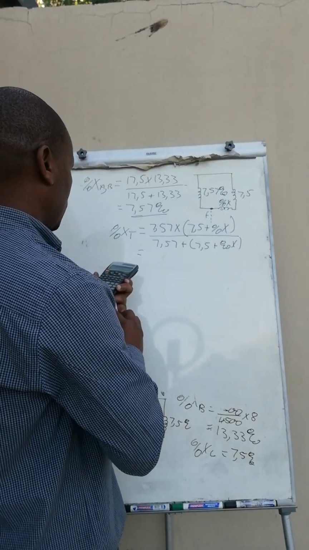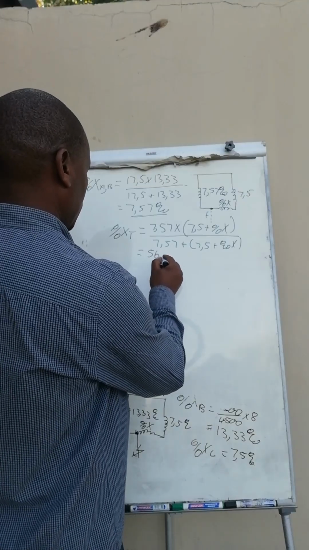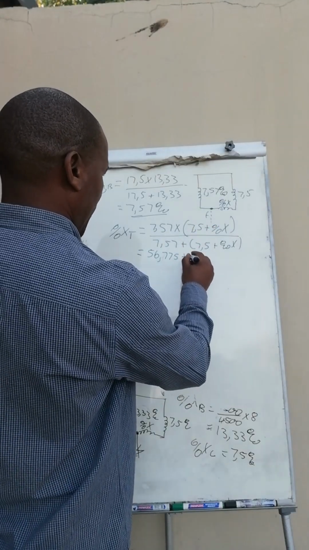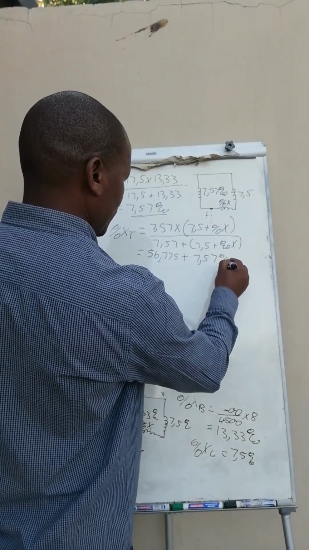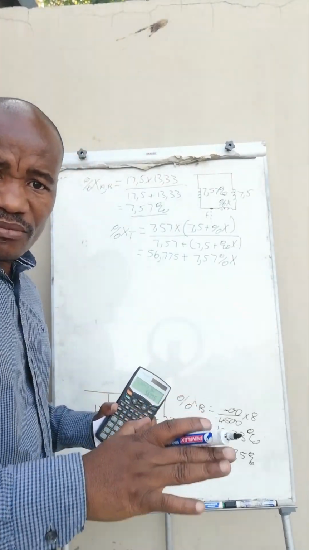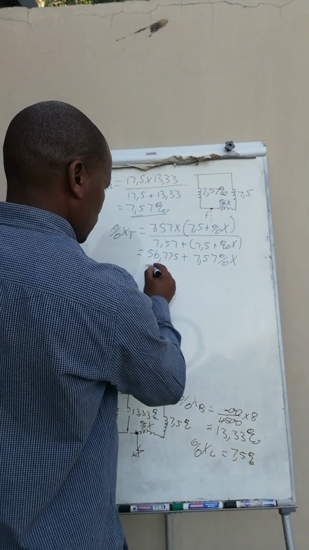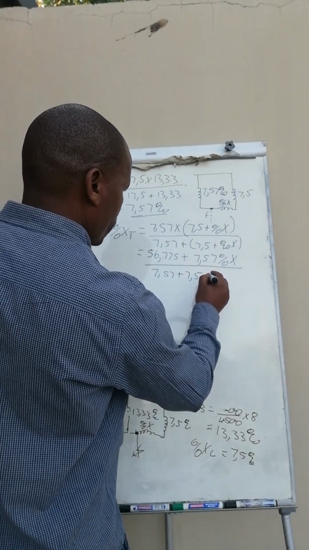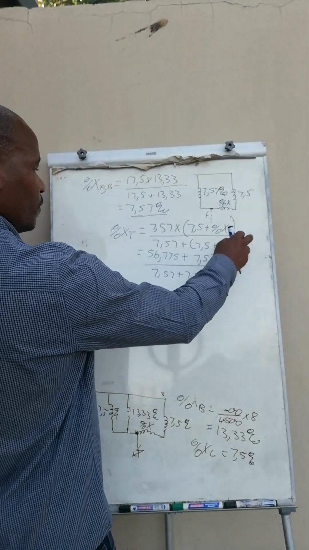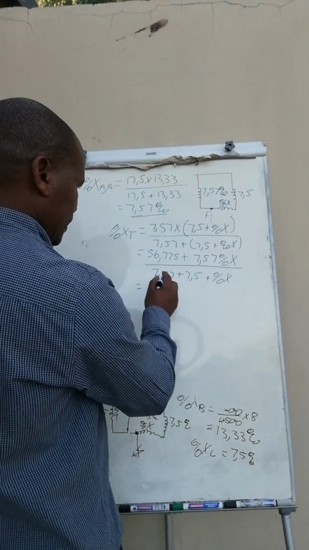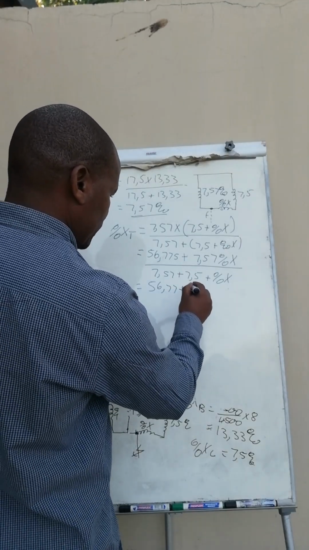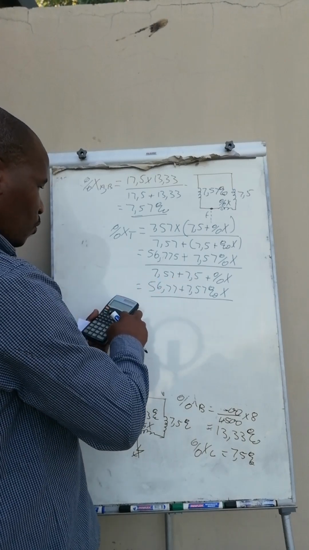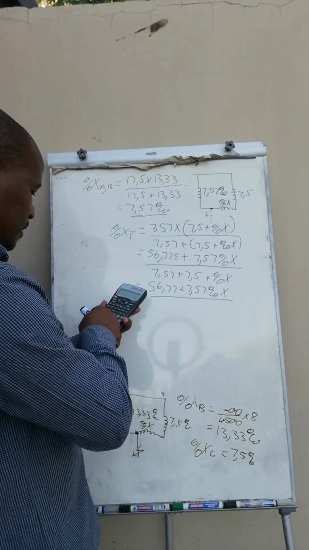Answer, we've got 56.775, multiplied by, this one again multiplied by that one, plus 7.57 percentage X, all over 7.57 plus 7.5 plus percentage X. I've just removed the brackets there, and then it's equal to what? 56.77 plus 7.57 percentage X, all over this one plus that one, which is 7.57 plus 7.5.